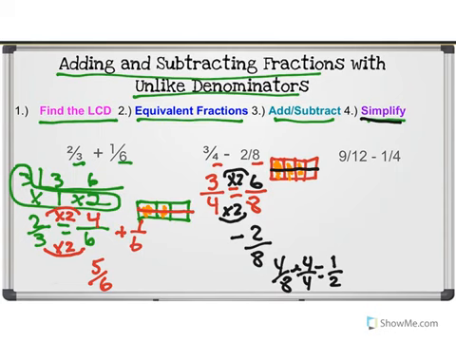Now, I know that a multiple of 4 is, you got it, 4, 8, 12. So I only need to write an equivalent fraction for 1/4. Again, if I want to draw a model, I can see that 1 out of 4 is shaded in.